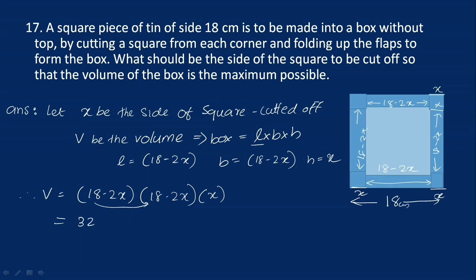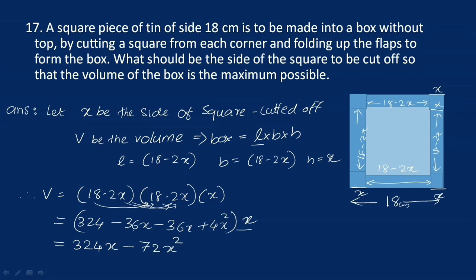By expanding the brackets, we have 18 into 18, that is 324, minus 18 into 2x, that is minus 36x, minus 2x into 18, that is minus 36x, plus 2x into 2x, that is plus 4x square, into x.